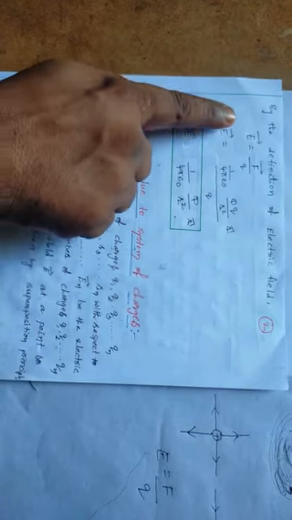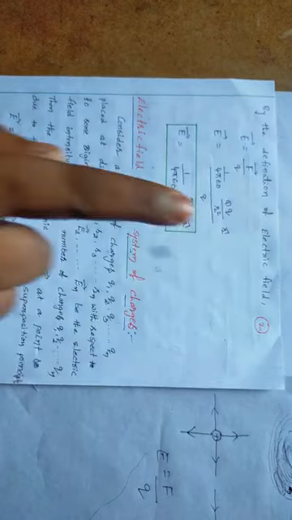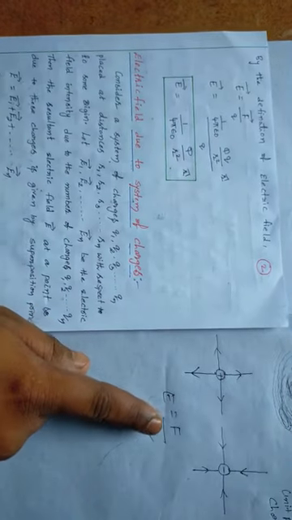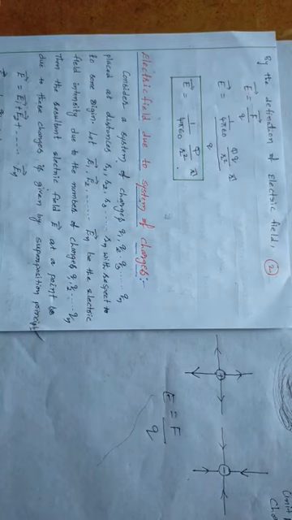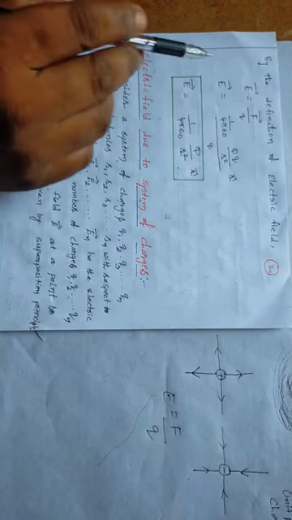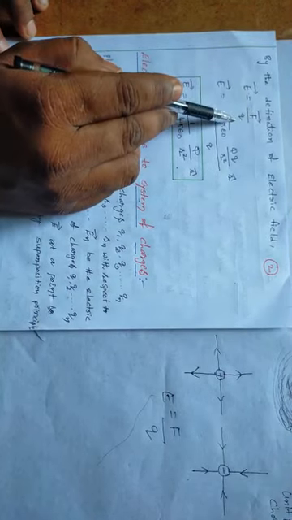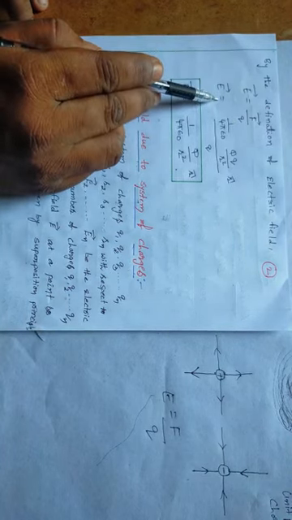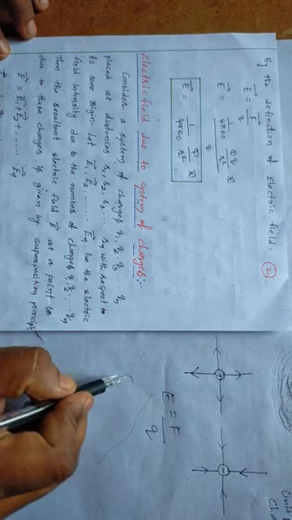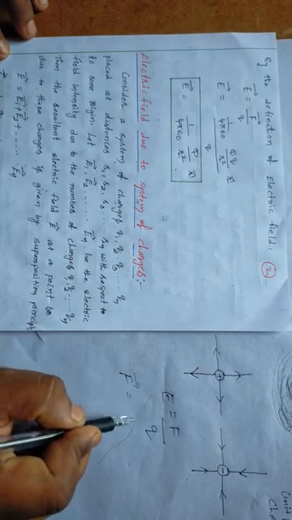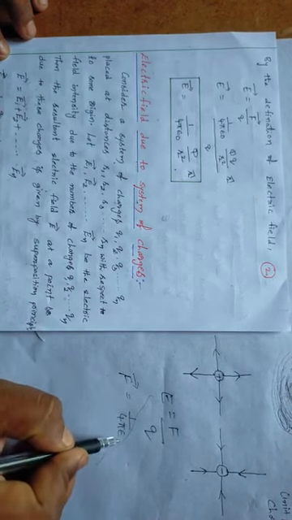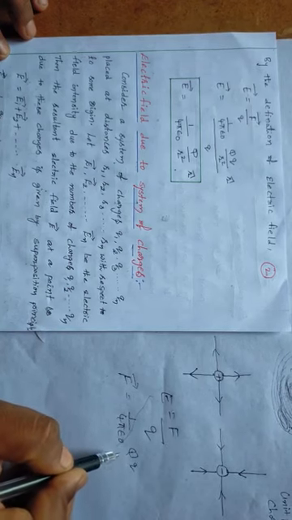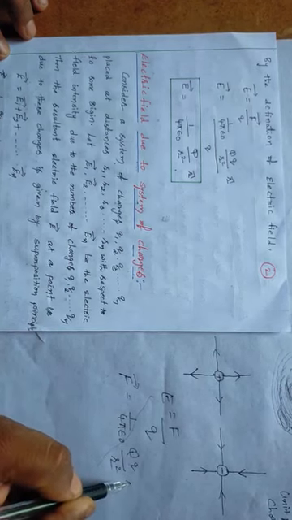Now E bar equals F bar by Q, by the definition of electric field we have seen in the previous paper. Now F bar is the formula 1 by 4 pi epsilon naught capital Q small q divided by r square into r cap.